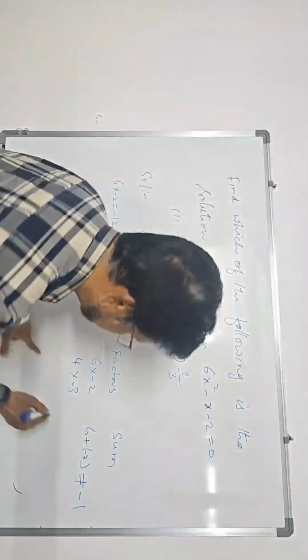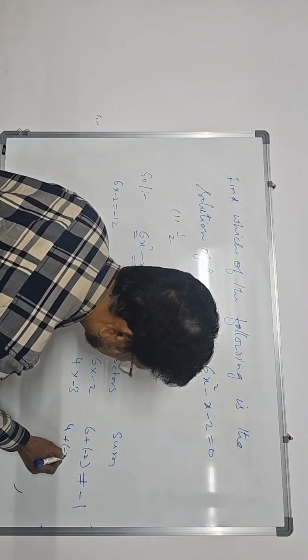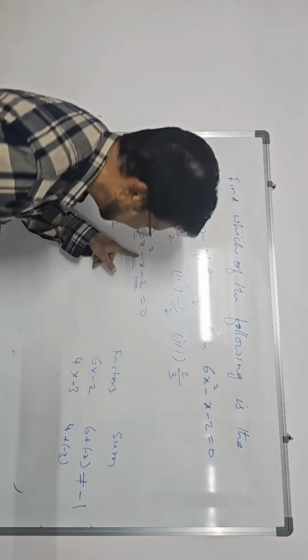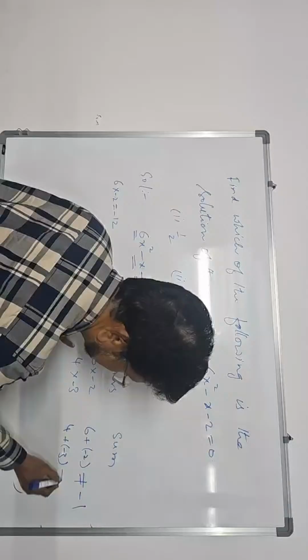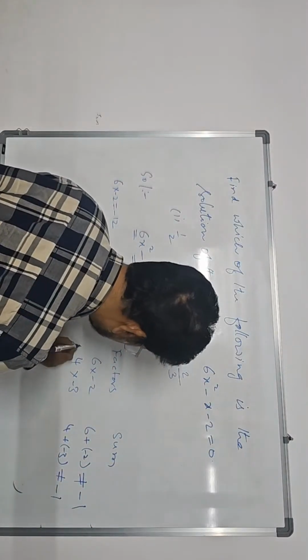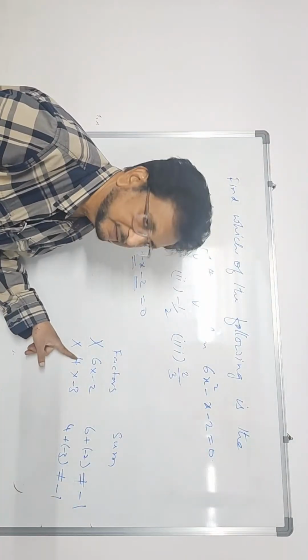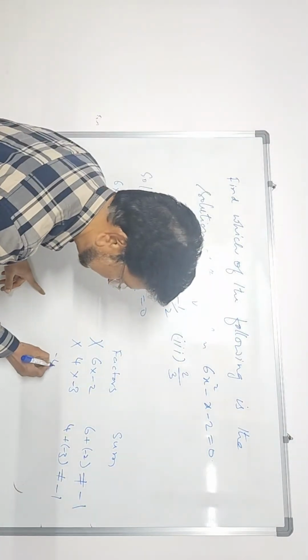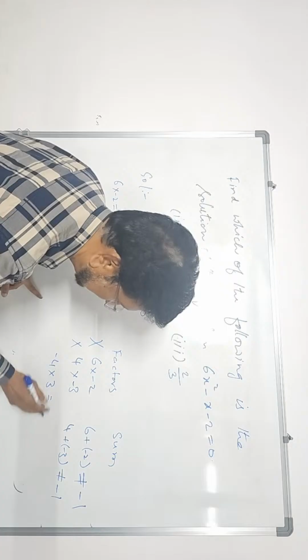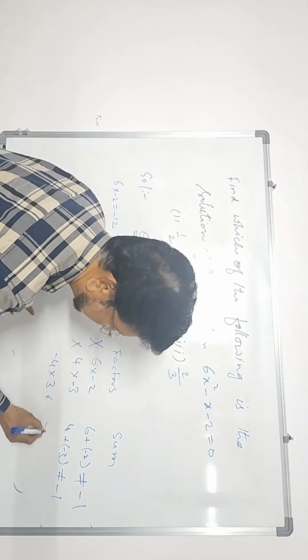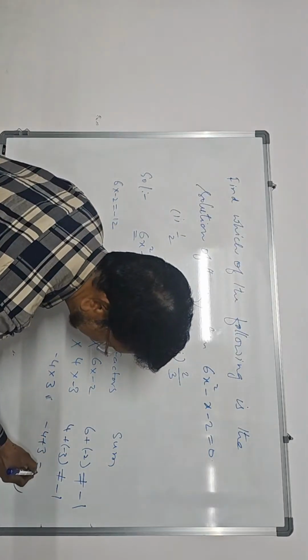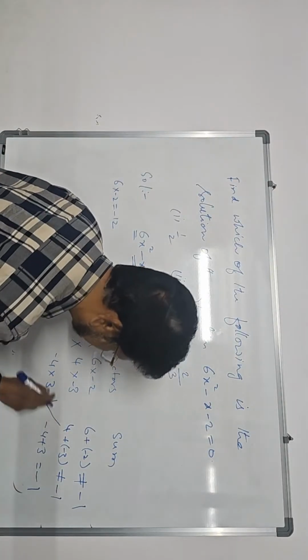But if you add these two, you should get minus 1. 4 plus minus 3 is not minus 1. This also you can't take. But if you change the minus to here, you can take. Minus 4 into 3 is also minus 12. And if you add these two, you will get minus 1. This is the right one.